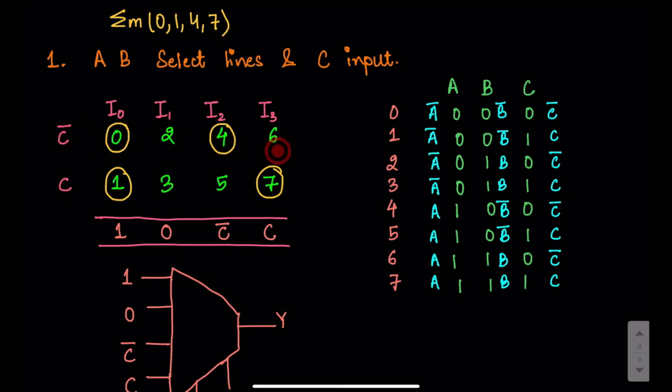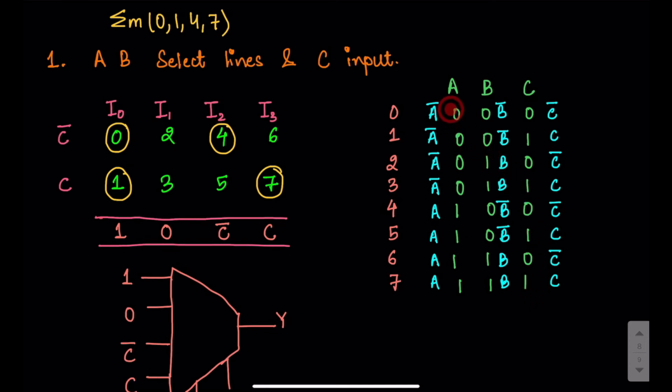In order to know how to fill these numbers, you need to take the help of this particular table. We are showing that for the three inputs, we have all the possible combinations as 000, 001, 010, 011, 100, 101, and so on till 111.